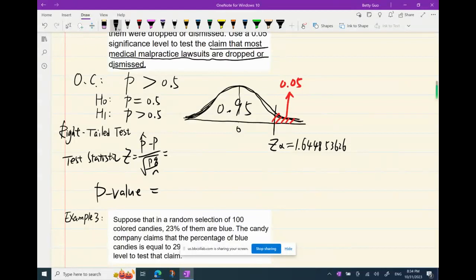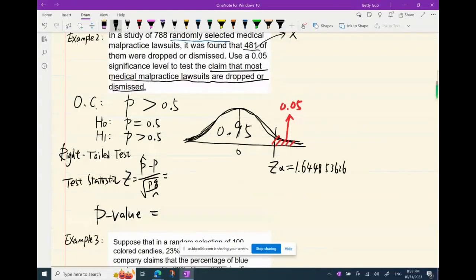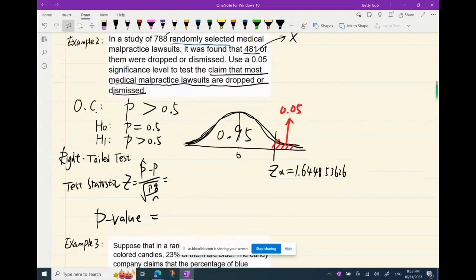p sub 0 is 0.5, x is 481, n is 788. If you use the calculator for this, I would strongly recommend you double check.